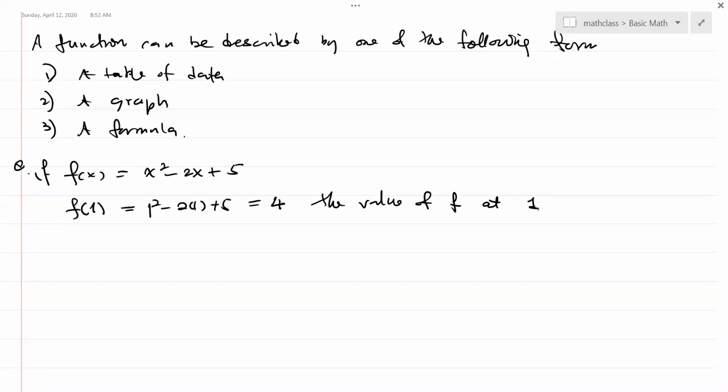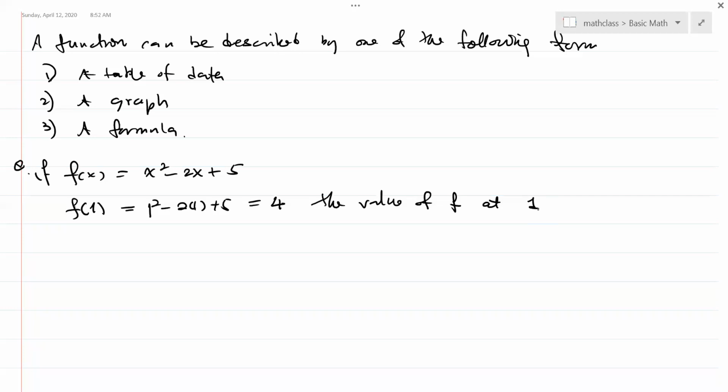Now, if you have more than one function in the same problem, you may have to use different letters. Sometimes using f, g, h is still too complicated, and you label them f1, f2, f3, f4. You can have different notations and names for a function.